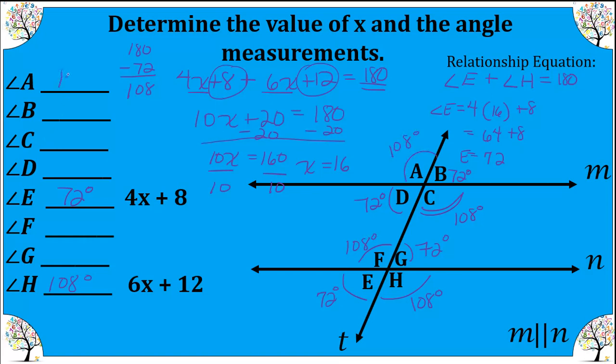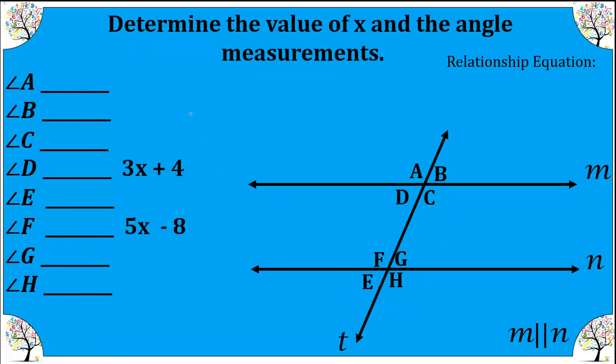So A is 108. B is 72. They are supplementary. C is 108. D is 72. They are supplementary. F is 108. So we can see that E and F are supplementary. And then G is also 72. And again, another pair, many pairs of supplementary angles.